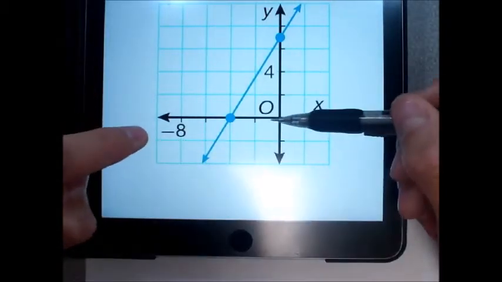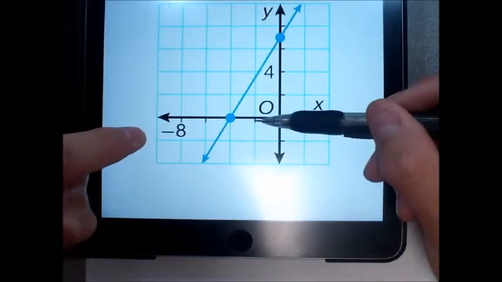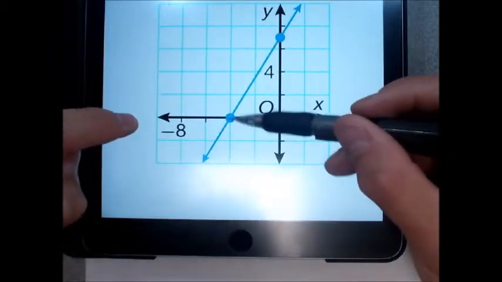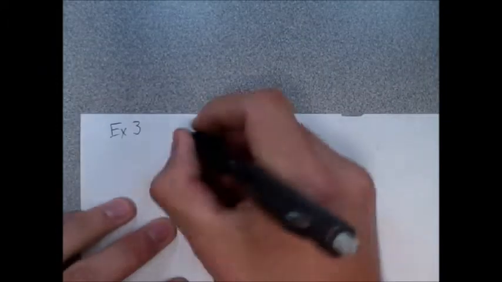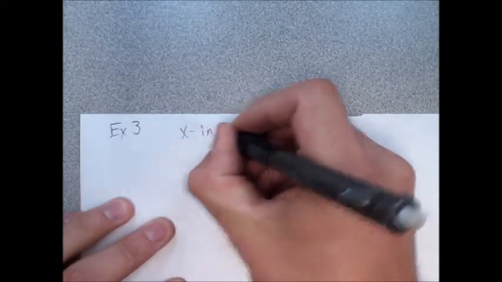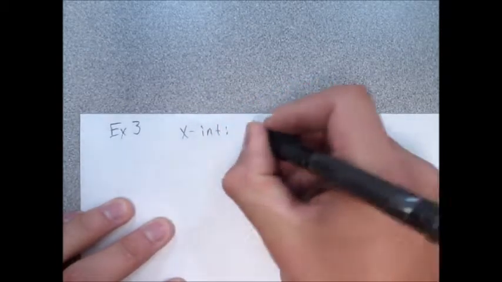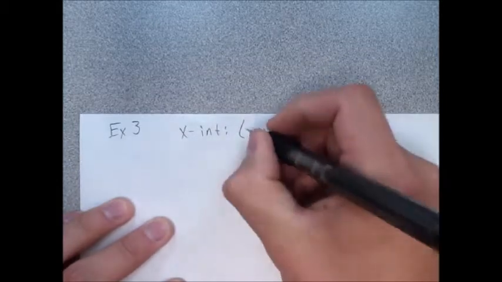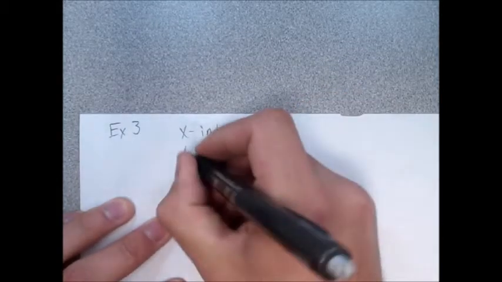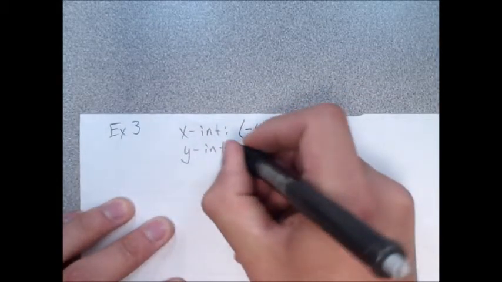It crosses the x-axis at -2, -4. So it's at (-4, 0). Remember that the x-intercept is where y equals 0. All I have to do is find the x. The x was -4.